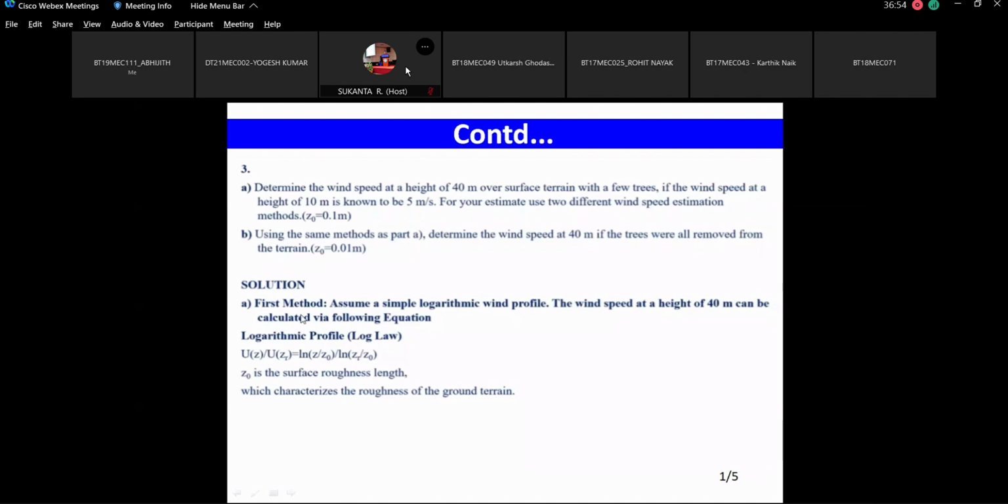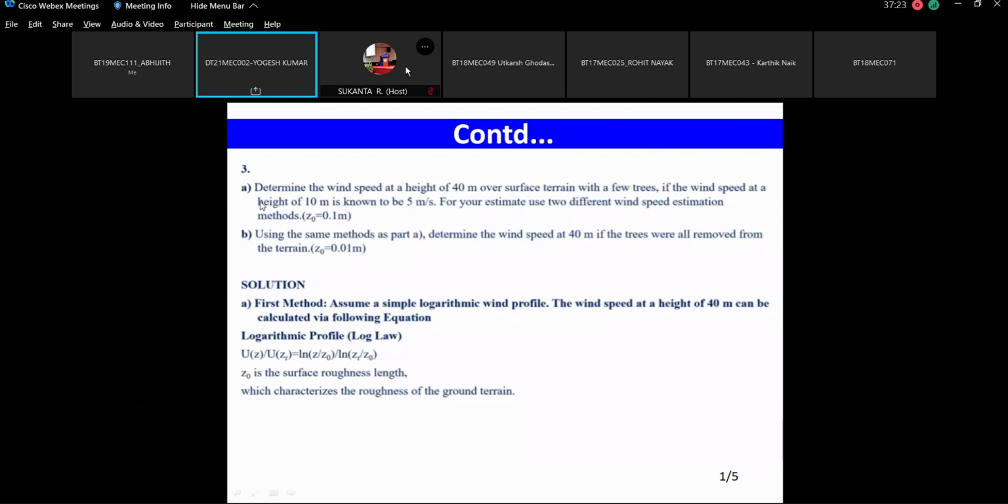In part A, we use the first method, simple logarithmic wind profile. So according to the logarithmic profile law, uz by uzr equals ln z by z naught divided by ln zr by z naught. Here z is the height for which we have to estimate the wind speed, and zr is the reference height where velocity is given.